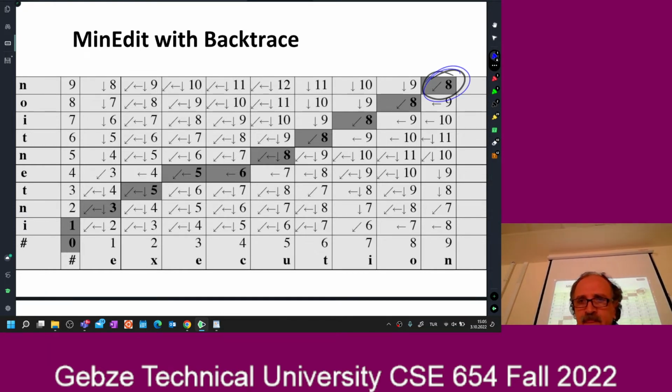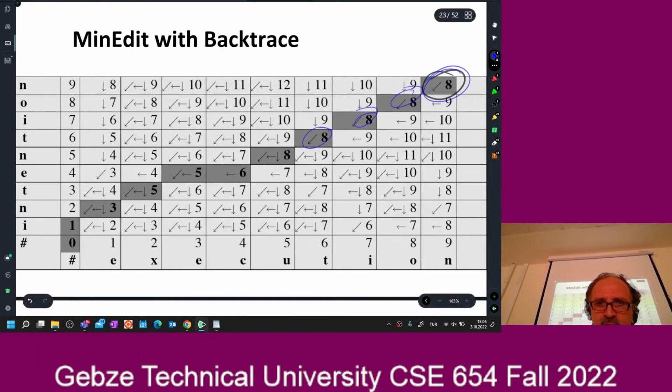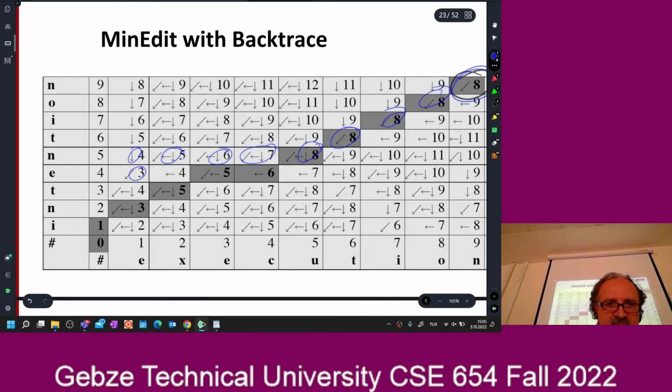Yeah, blue. And for example, maybe I go that way, and that way, and that way, then this way, and this, and this. I can do that too. So this is just one way of doing backtraces.